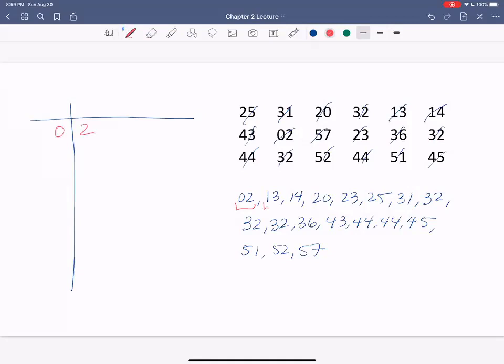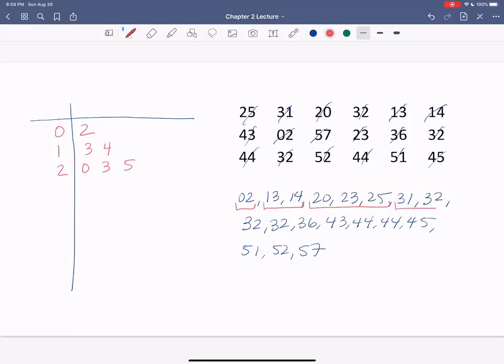Next we have 13 and 14. So we have the 1, we have 13, and we have 14. Then we have the 20s, so there's our 20: 0 is 20, 3 for the 23, and 5 for the 25.